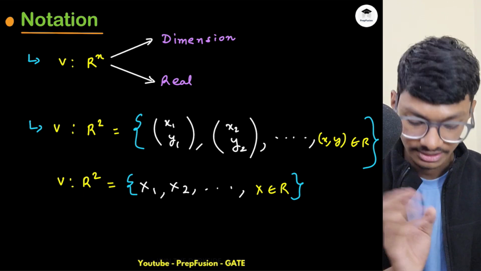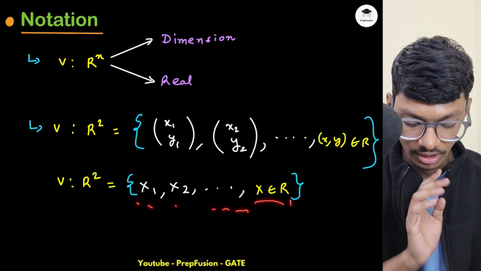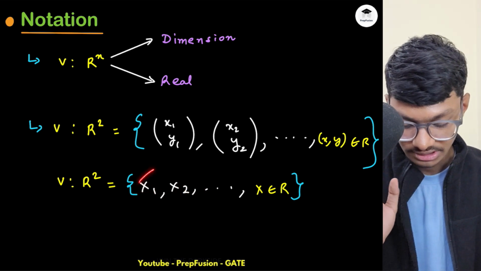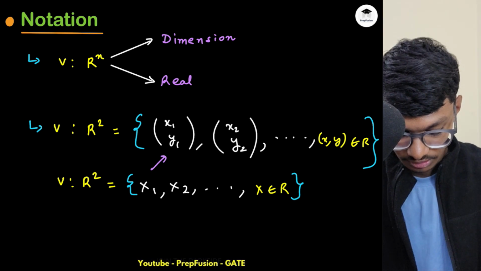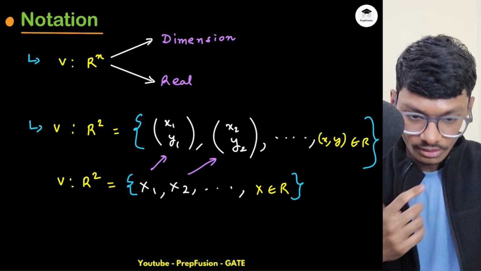It can also be written like this, v is a collection of vectors x1, x2 and all of them, x belongs to R. These are each vectors, right? And if I want to represent this, it can be represented like this, x1 y1 then x2 y2.